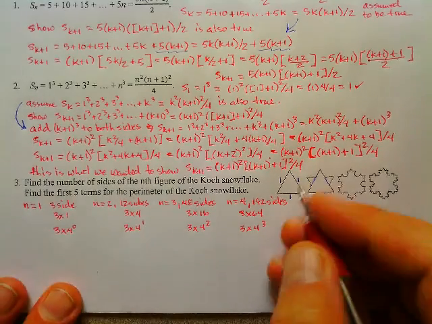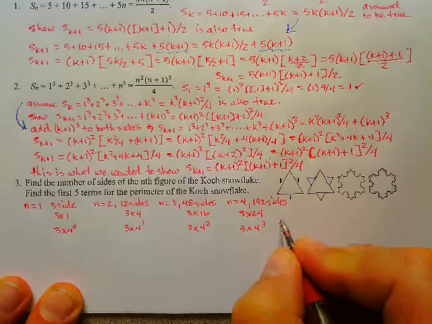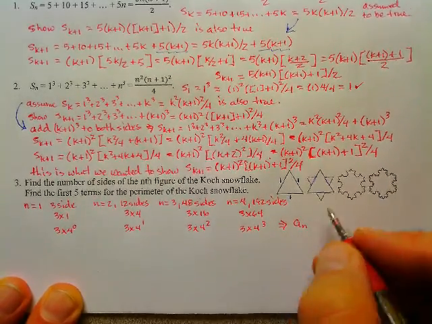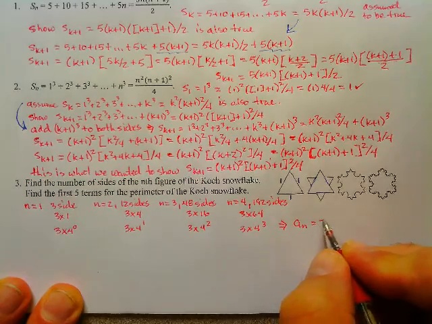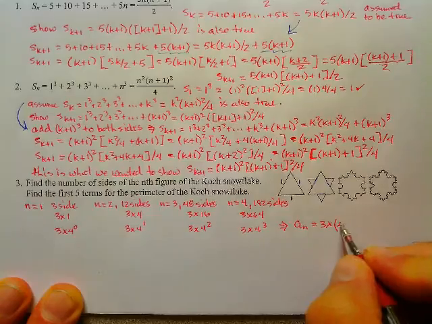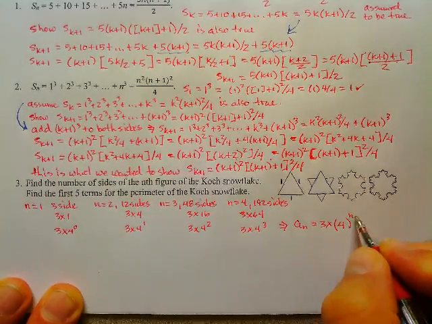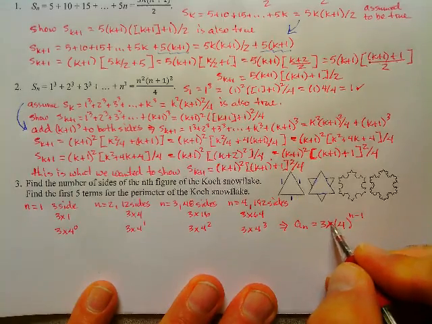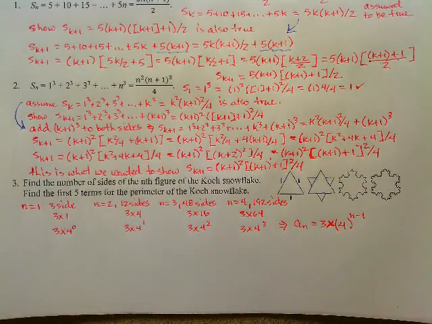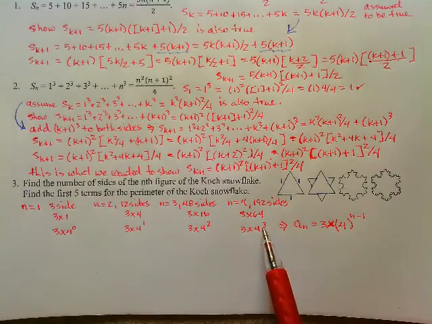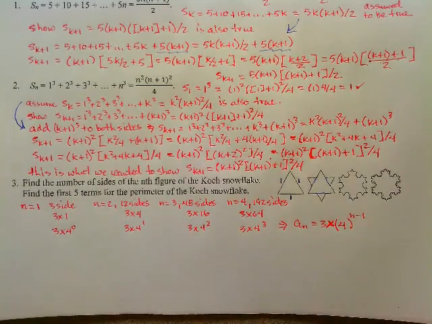So from that, I can see that the number of sides in this case will be 3 times 4 to the n minus 1. And I'm just using the multiply there. It's not 3x, it's 3 times 4 to the n minus 1, because notice the exponents, that was for n is 4, n is 3, and so forth.